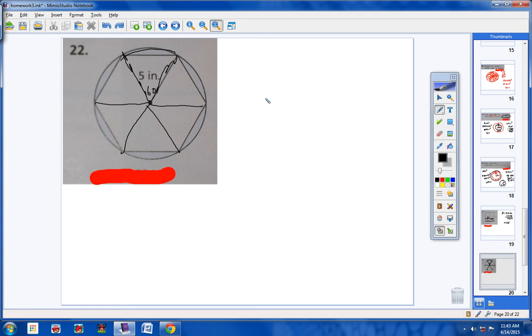So here we go. My area of the entire circle is 3.14 times 5 squared. Okay, so 3.14 times 25 is 78.5. So there's the area of the entire circle. Now, this sector is 1/6 of the entire circle.